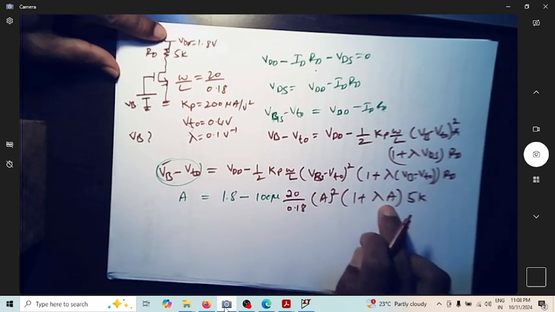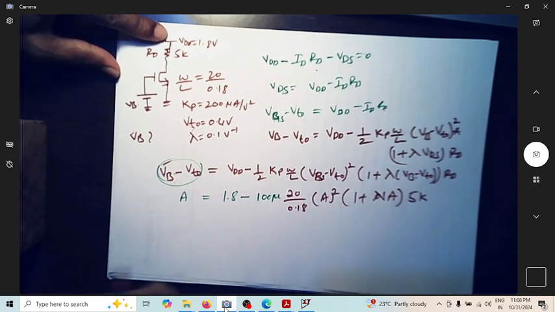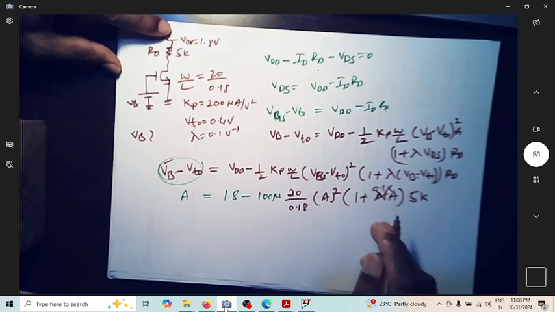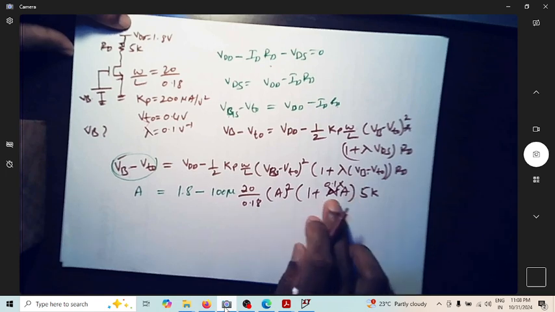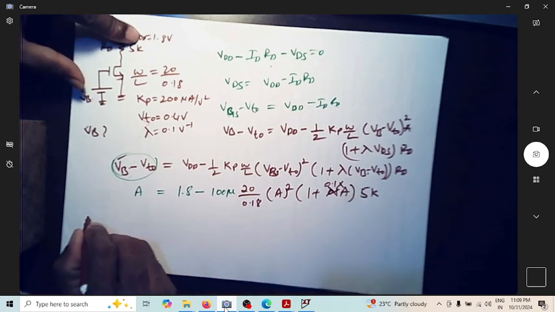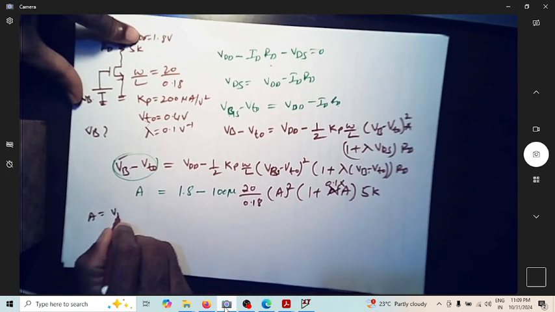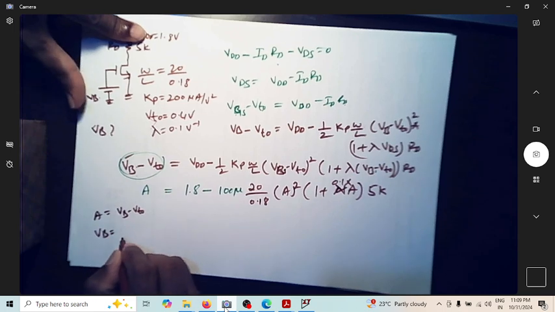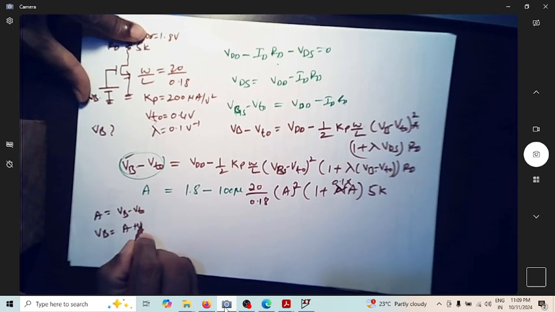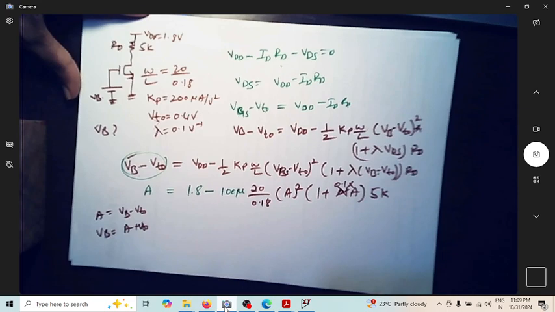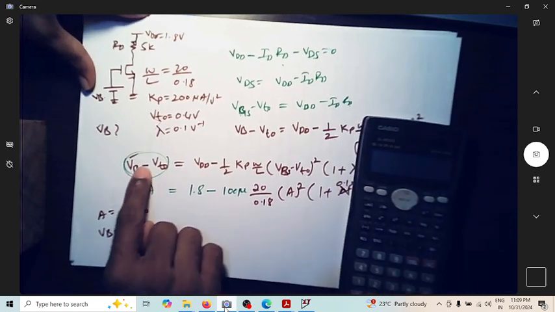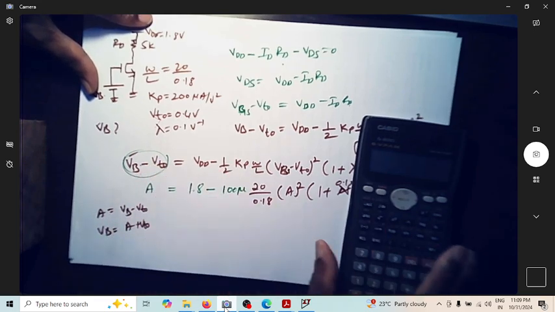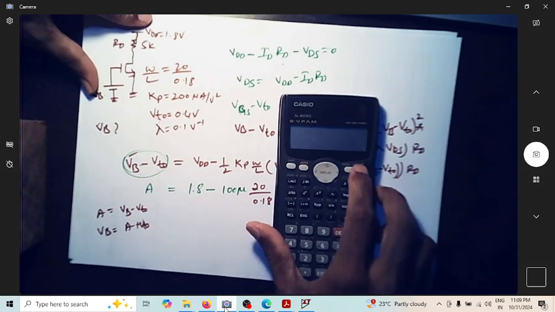So lambda is 0.1 into A. If I solve for A, whatever A value I get will be equal to VB minus VTO. To get the value of VB, I have to add VTO to A. This is a simplification; otherwise we can also write it as A minus 0.4 and so on. So both are correct.